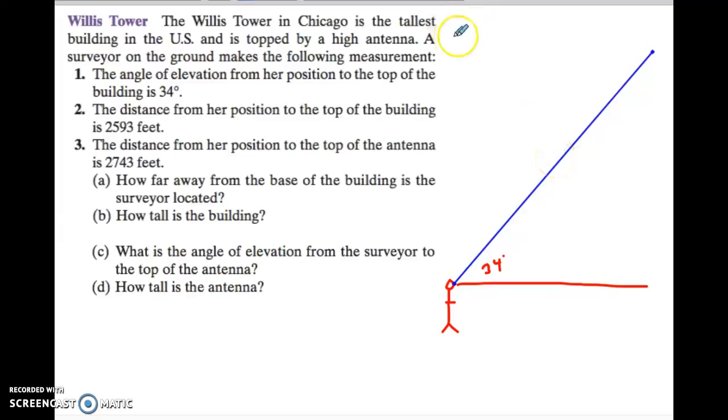And the distance from her position to the top of the antenna. So this is the key thing. On top of the building, there's an antenna. So what that tells us we have to do is have something up here. This is the antenna. And then there's another line for her line of sight to the top of the antenna.